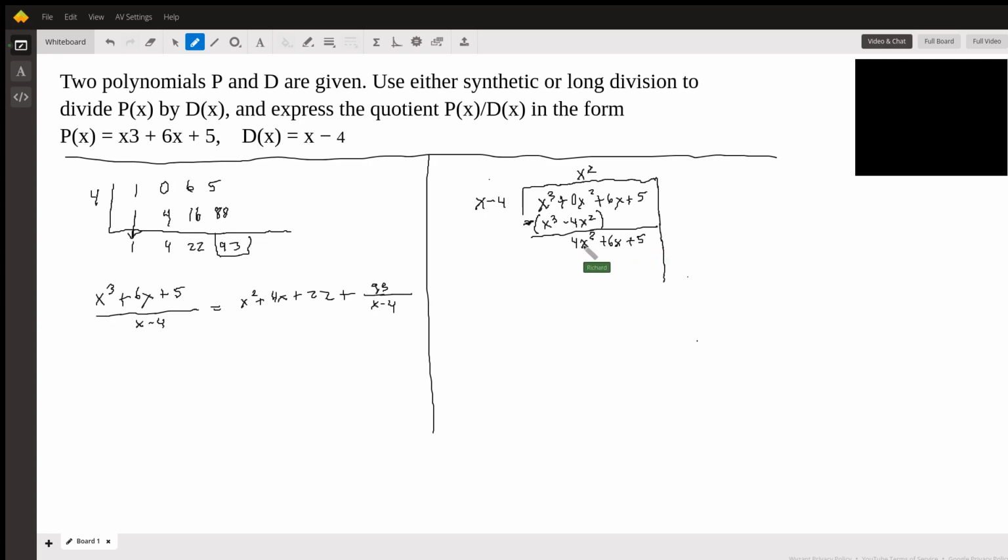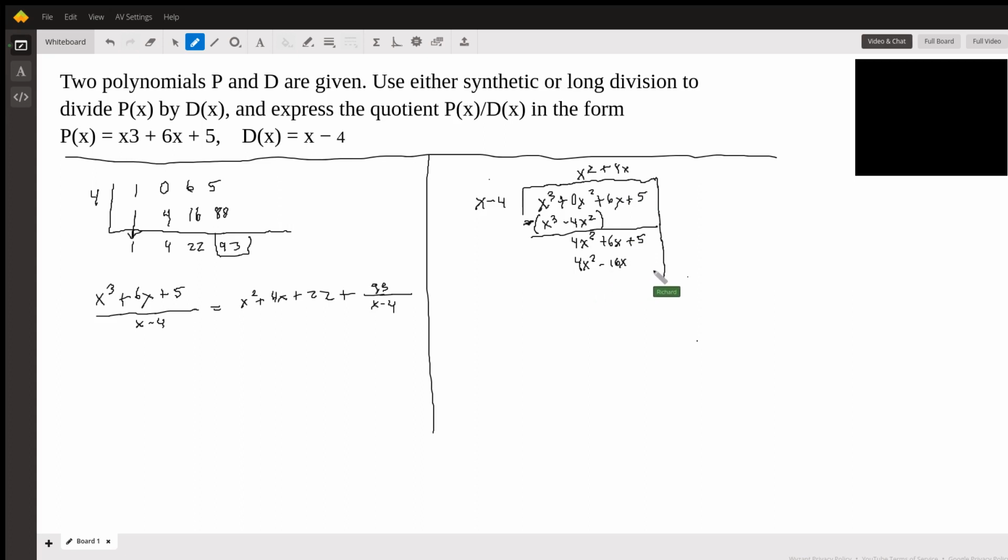Now we want to get rid of the 4x squared, so what's going to be coming up here on top is 4x, because when we distribute the 4x against the x minus 4, we're going to get 4x squared and then minus 16x here.